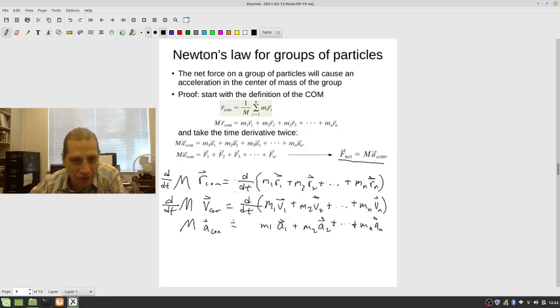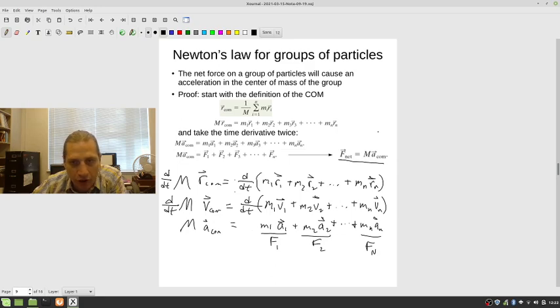Cut to the chase. What's the point? Well, remember, F equals ma. So if this is the total net force on the first object, this is F1. This is the net force on the second object, F2, all the way up. This is the net force on the last object, Fn.